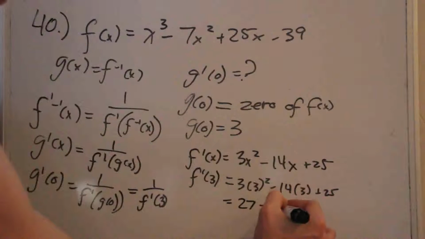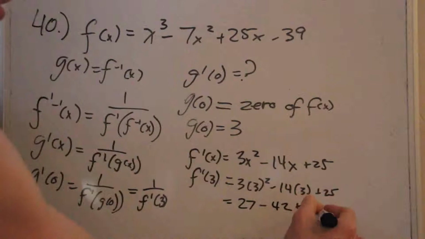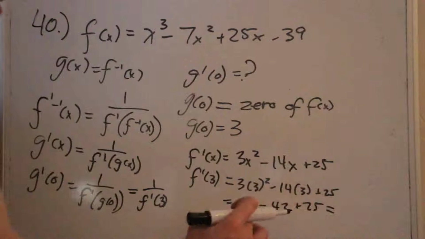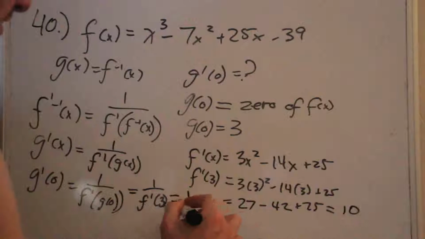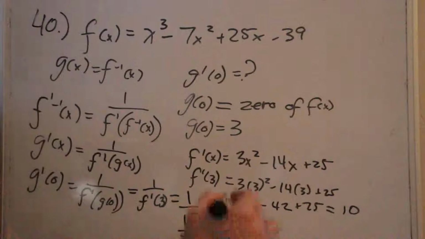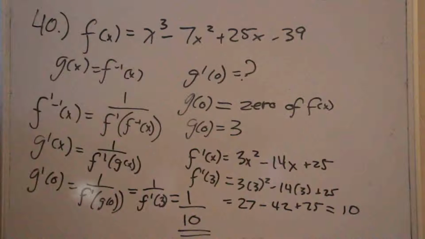Minus 3 times 14 is 42. Plus 25. This equals 25 plus 27 is 52, minus 42 is 10, and this whole thing ends up being 1 over 10. Okay, cool. So the answer ends up being C. That's my final answer, is C for this one.